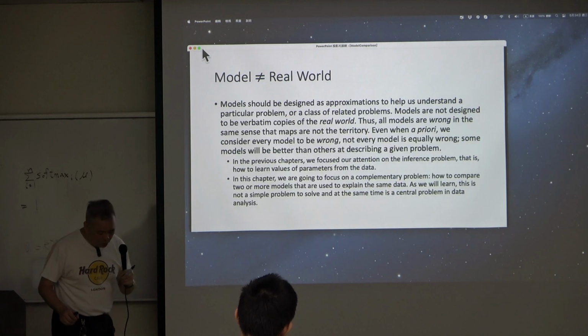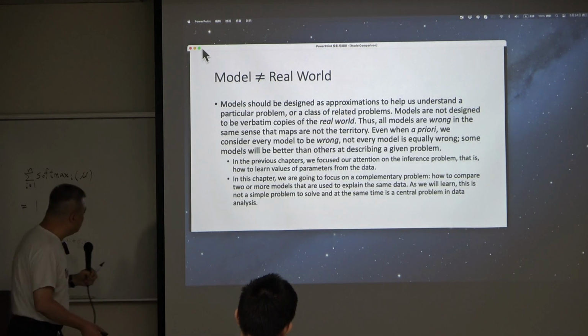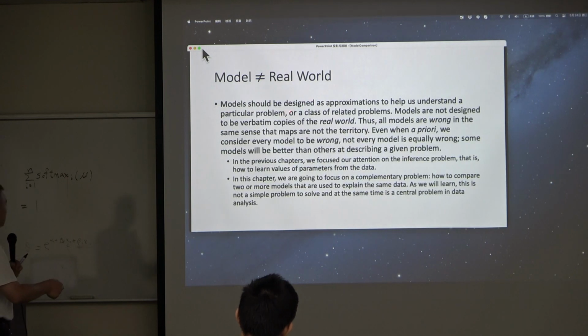We know all the models are incorrect in some sense, because they are designed as approximations to help us understand a particular problem or a class of related problems. Models are not designed to be verbatim copies of the real world. All the models will be simplified to a degree.